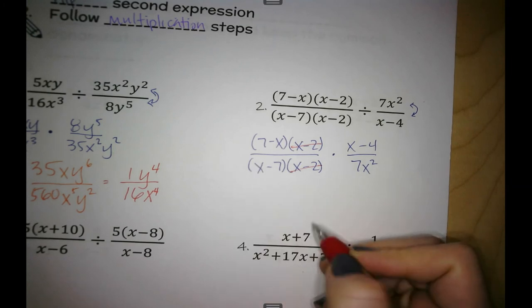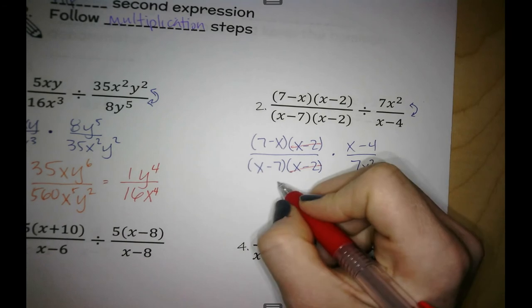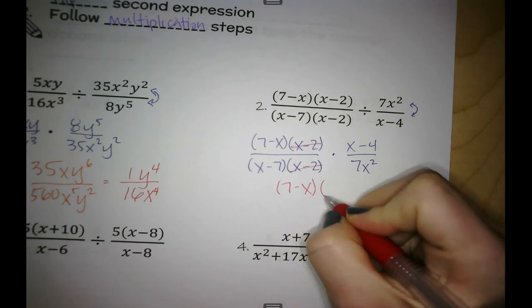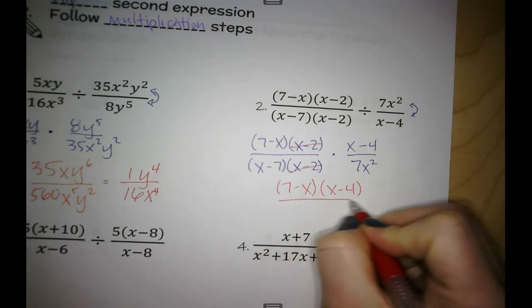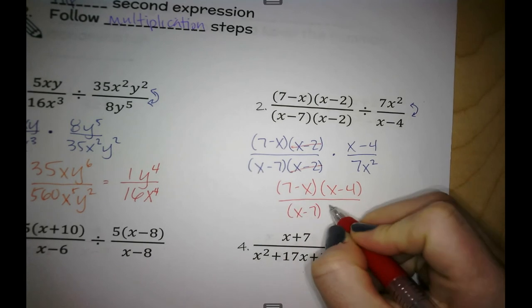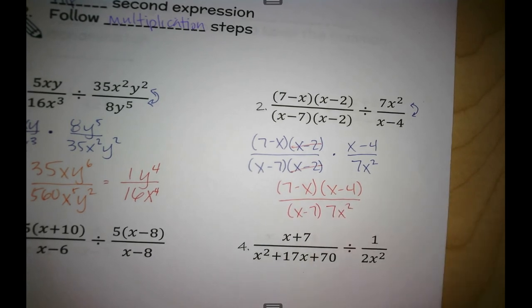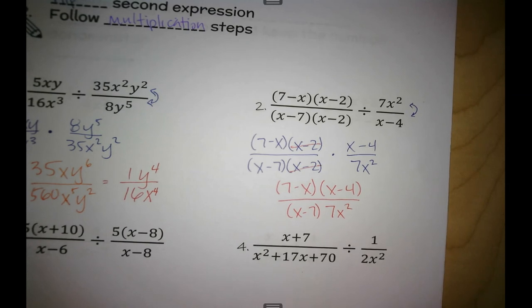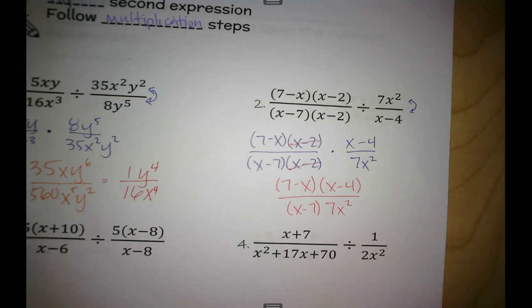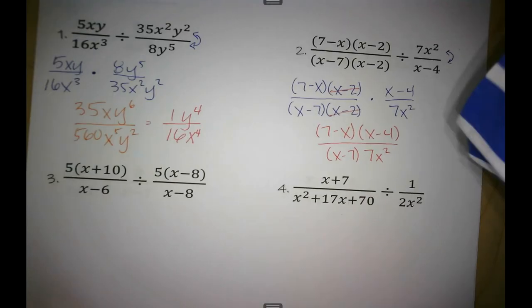That looks like about it. We could manipulate this, but I'm not going to make you guys do that. So multiply. And this is where we can leave this one.